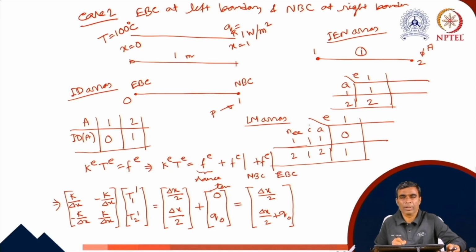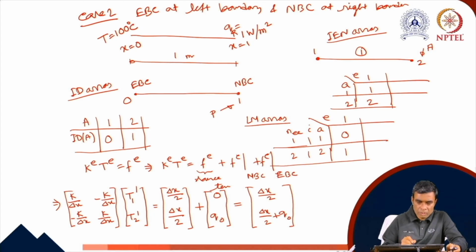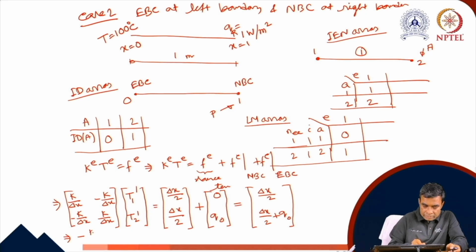Now, our first equation is redundant because the first equation is already solved in terms of the given solution. So we remove the first equation and consider only the second equation. It is written as minus K by delta x into T11 plus K by delta x into T21. T21 is actually T1 from the LM array.